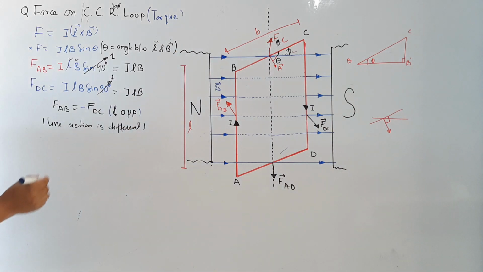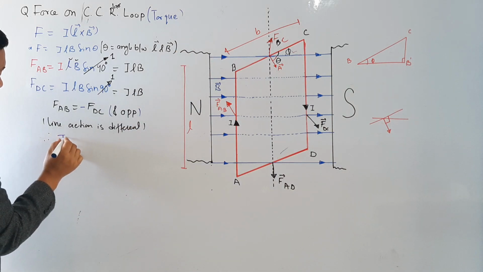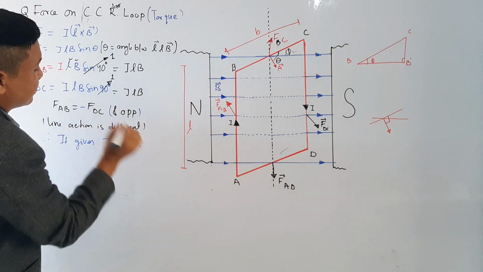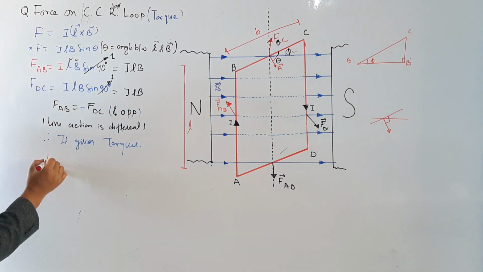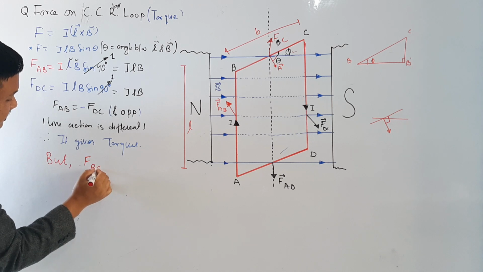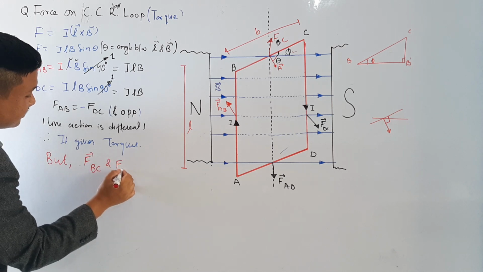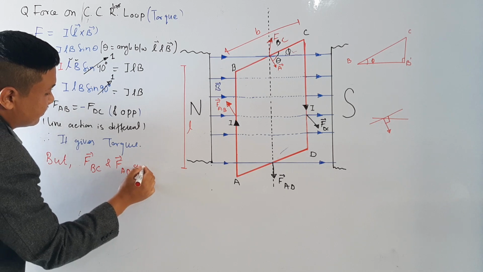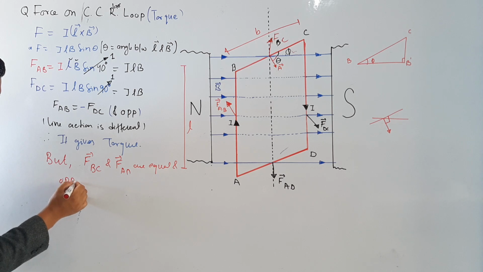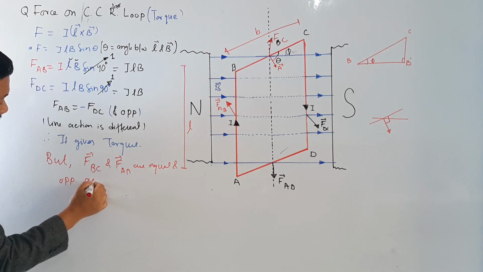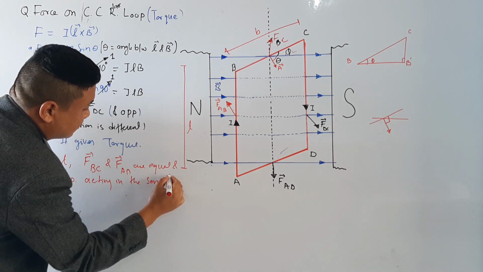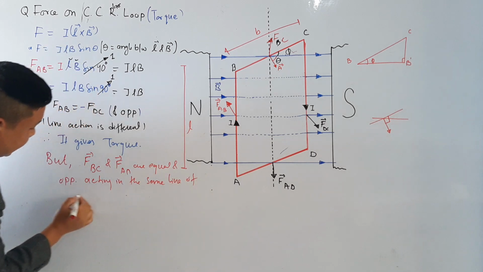So therefore it gives torque. It gives torque. But you have to write this. But FBC and FAD are equal and opposite, acting in the same line of action.